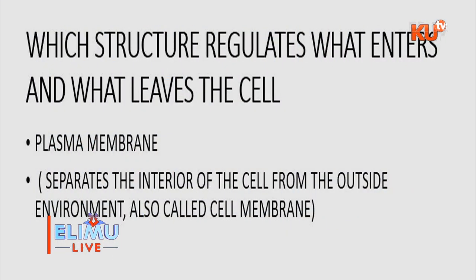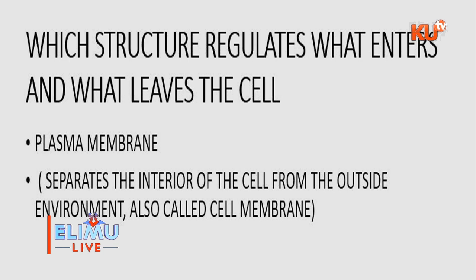The next question in the next slide asks us, which structure regulates what enters and what leaves the cell? The answer is the plasma membrane. It is also known as the cell membrane, and its function is to separate the interior of the cell from the outside environment.